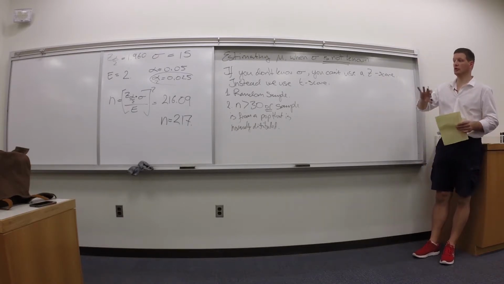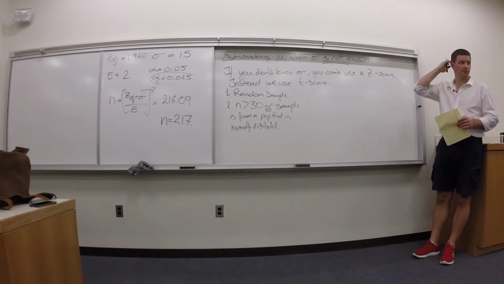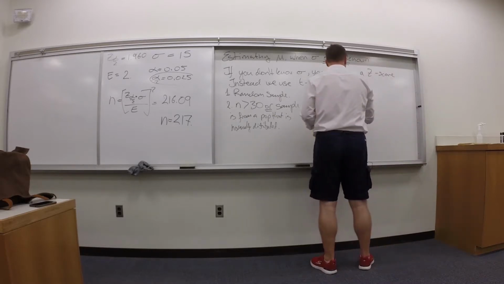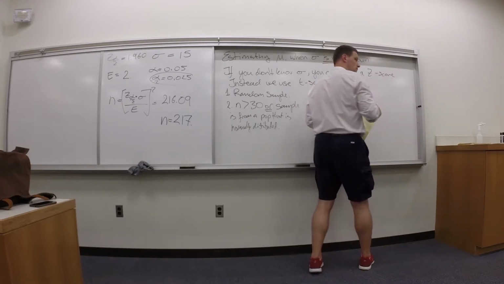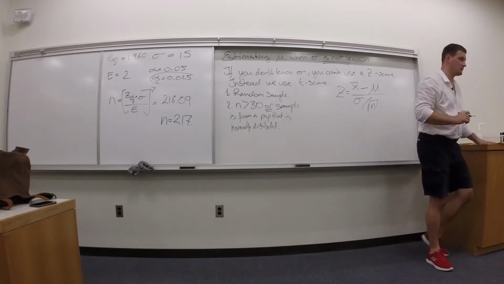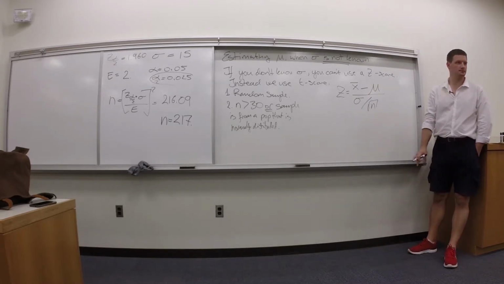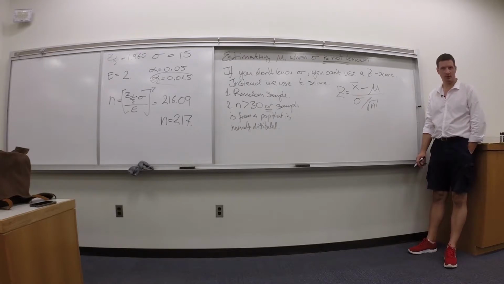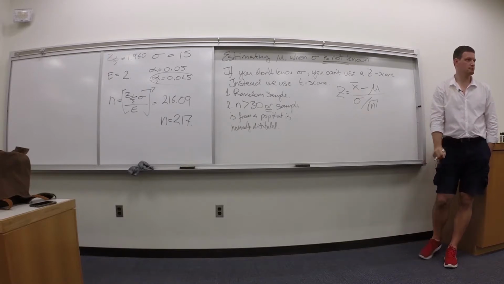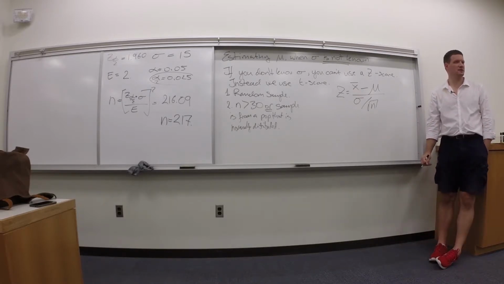Mind you, we don't know sigma. So beforehand, we said these scores were defined as x bar minus mu divided by sigma divided by square root of n. That's what we used to have for z-scores. And now we have a problem. We don't have sigma. What do we have instead? What's the closest thing we can figure out to a sigma? The population standard deviation.